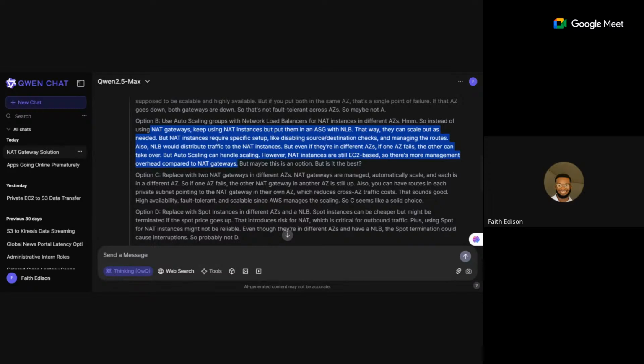So EC2 instances, NAT instances, they have a lot more management and overhead compared to your managed services. Like for example, Fargate is a managed service. ECS is a managed service. And the NAT gateway, now I've come to learn, is a managed service, which is just a network address translator managed by AWS.